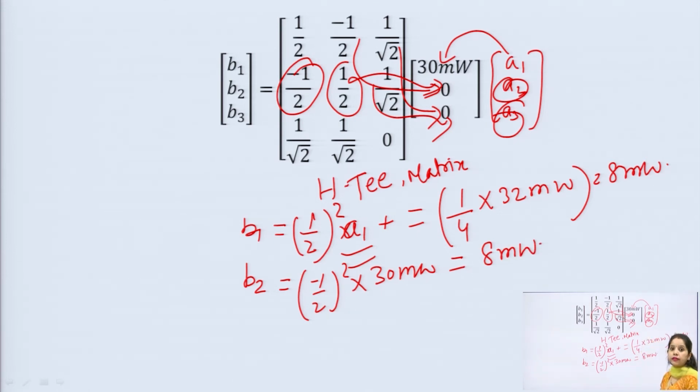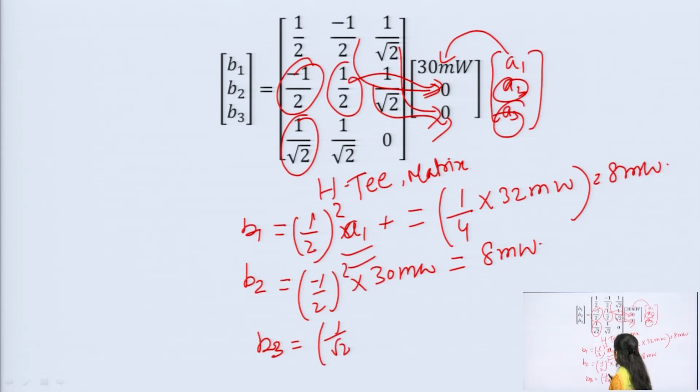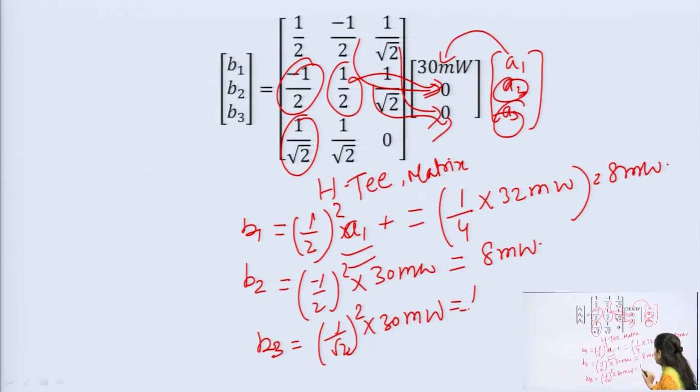Now, for B3, with 0, 0, we have half into 32, so this will be 16 milliwatt.